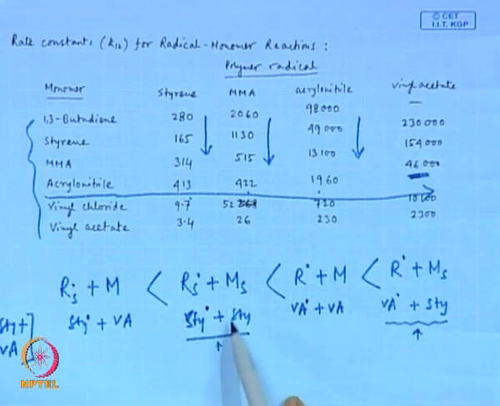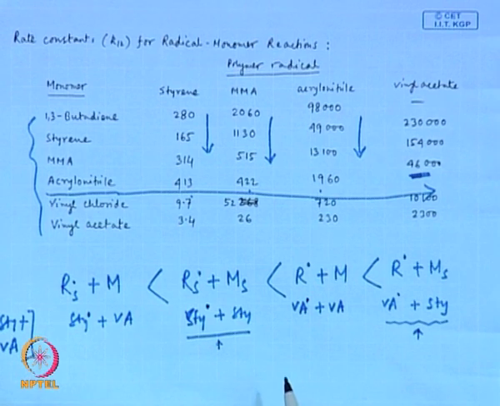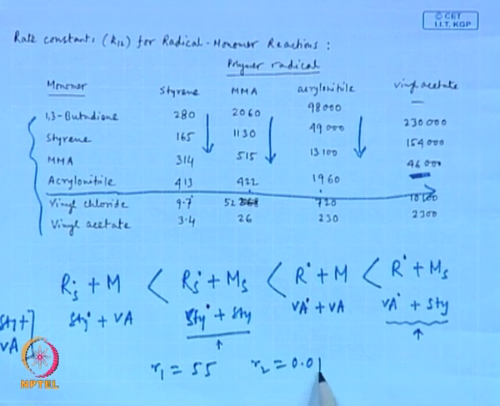So, it will be homopolymers of styrene and some alternating copolymer of vinyl acetate and styrene. That is why the reactivity ratios are so different. M1 is styrene and vinyl acetate is M2.